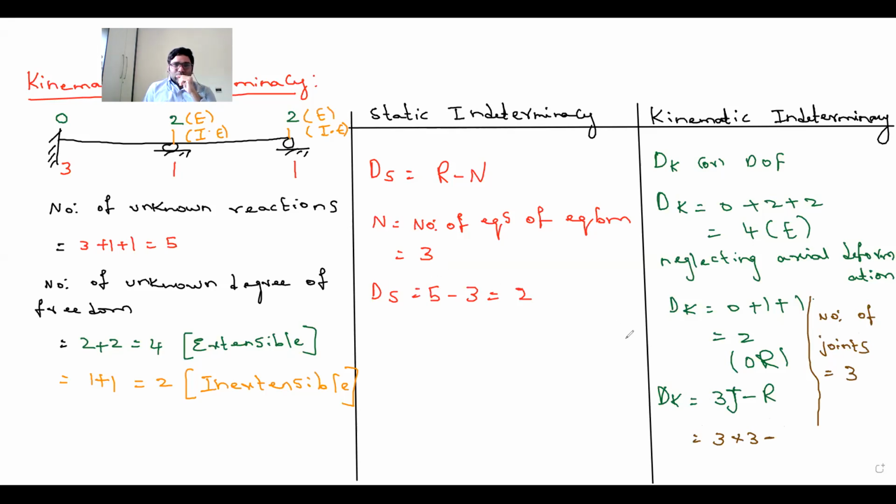R is equal to 5, correct. 3 into 3 minus 5, that is equal to 4. This is for the extensible case. Now, neglecting axial deformation, dk is equal to 4 minus 2, that is equal to 2. Why 2? Here 1 is removed and here also 1 is removed. So that is how we calculate the degree of kinematic indeterminacy.